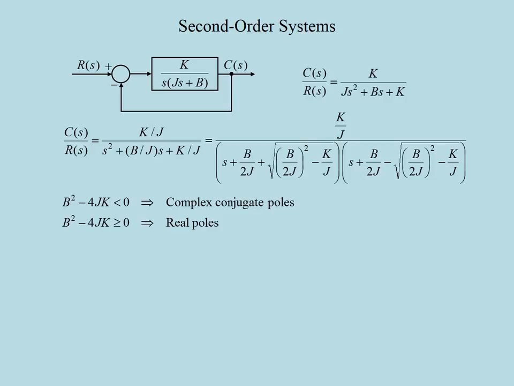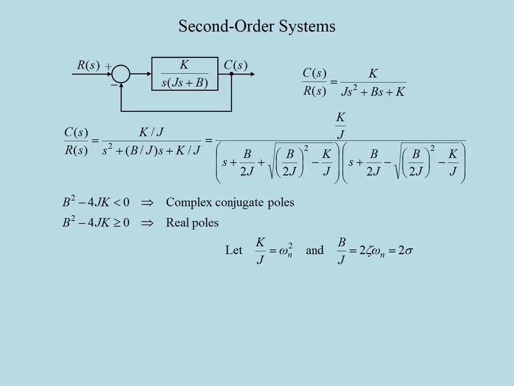At this point, let us redefine the parameters in this second-order transfer function. In doing so, not only will we have a simpler notation, but also our parameters will be directly related to the behavior of the output. Let us denote k over J as omega n squared and b over J as 2 zeta omega n.